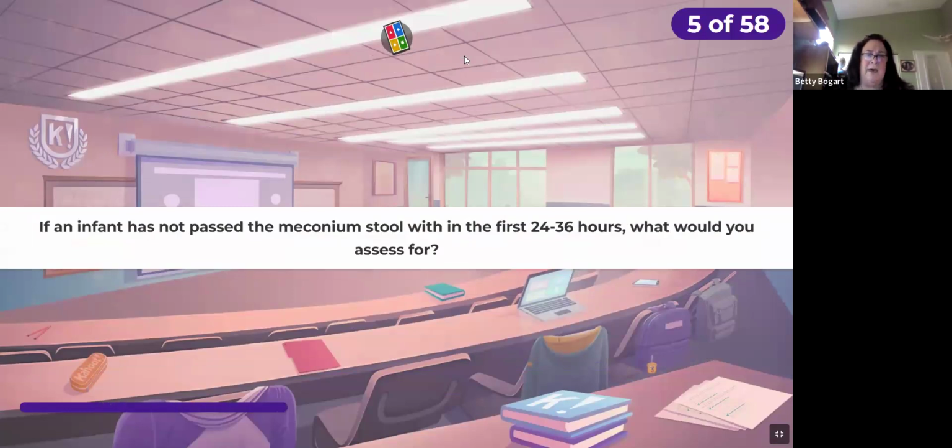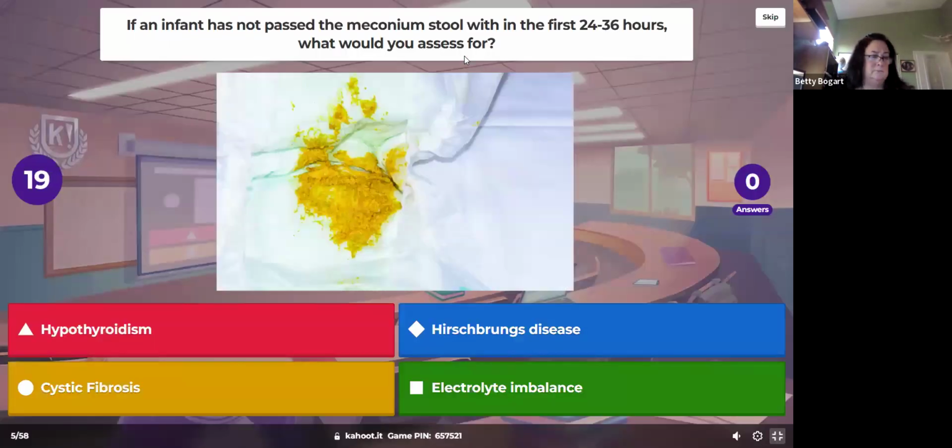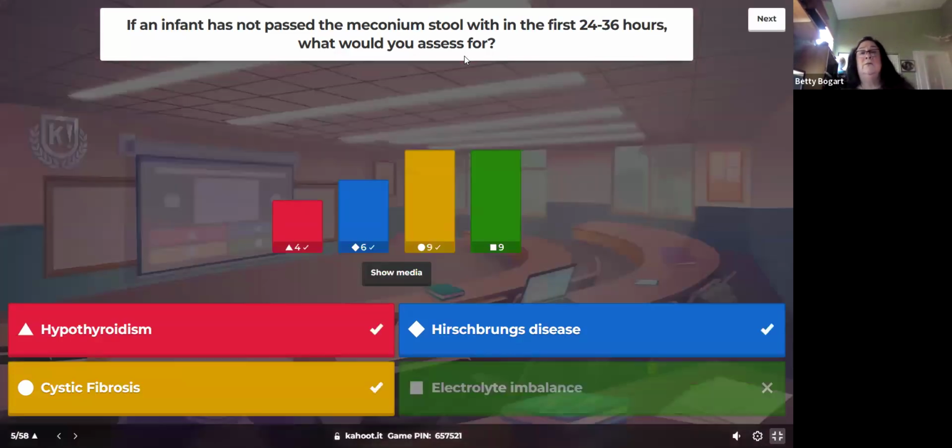If an infant has not passed the meconium stool within the first 24 to 36 hours, what would you assess for? So no stool: hypothyroidism, cystic fibrosis, and Hirschsprung's disease.